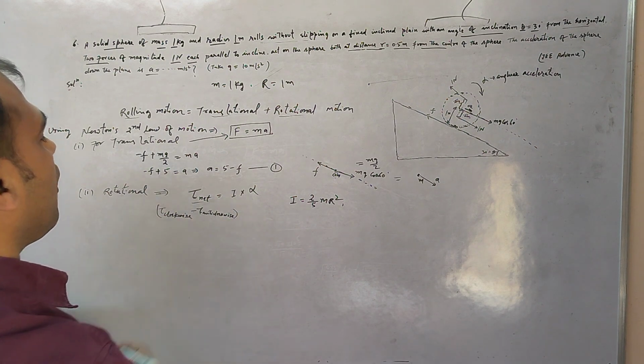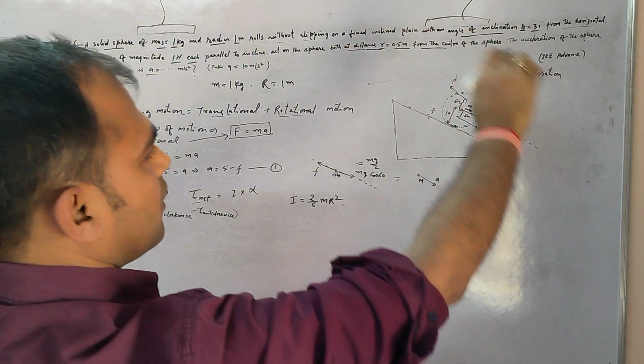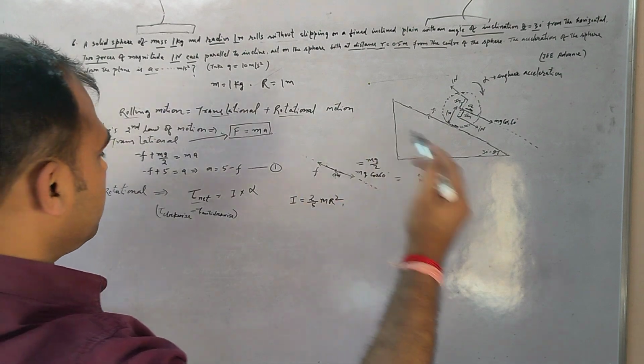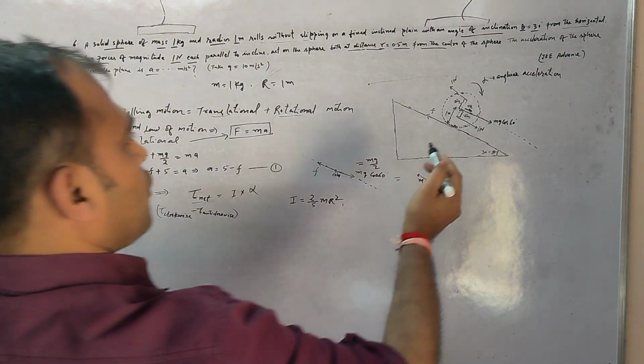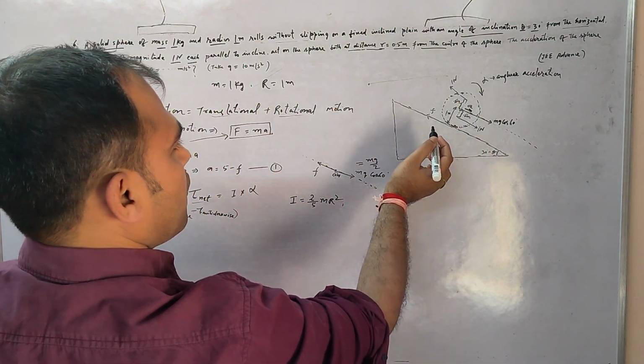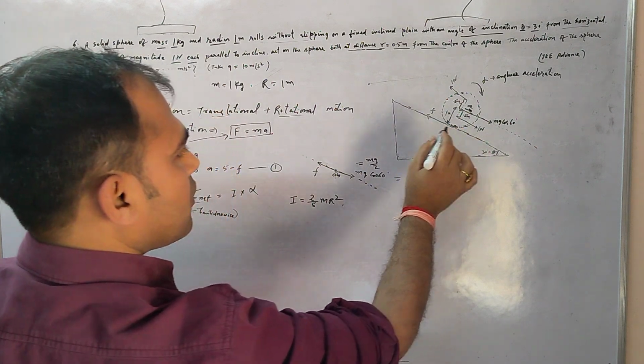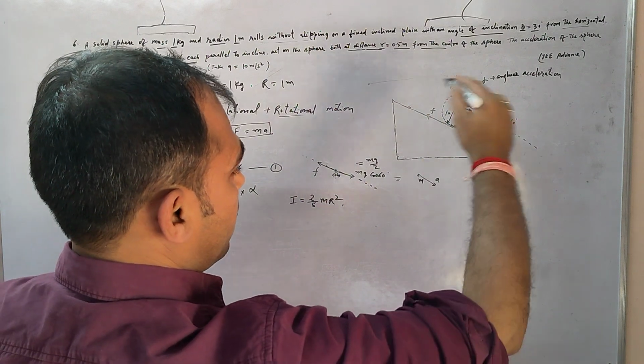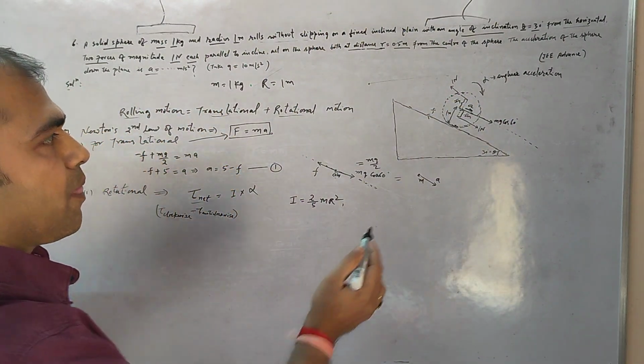This will be the tau net, as the sphere is rolling clockwise. So what are the torques that are giving clockwise motion?